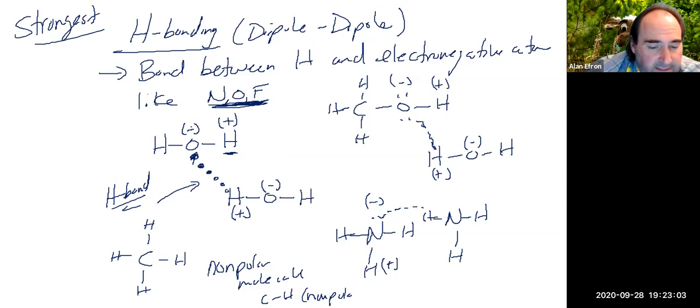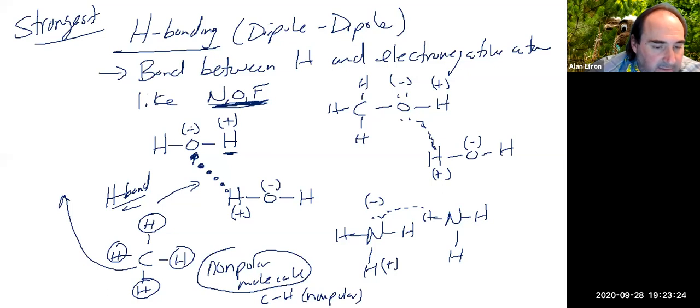So even though this guy's got 4 hydrogens available to him, it cannot do hydrogen bonding because carbon and hydrogen is not oxygen and hydrogen, nitrogen and hydrogen, fluorine and hydrogen. It cannot do any type of hydrogen bonding. So because this really is a nonpolar molecule, this guy here would have to do some type of dispersion force.